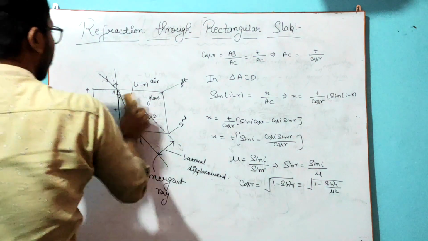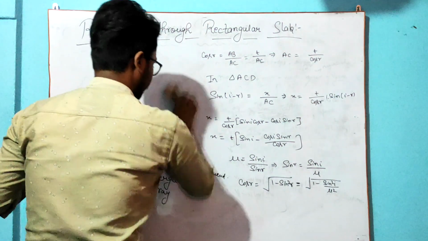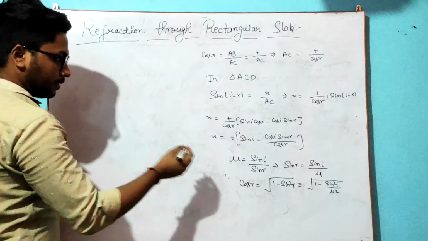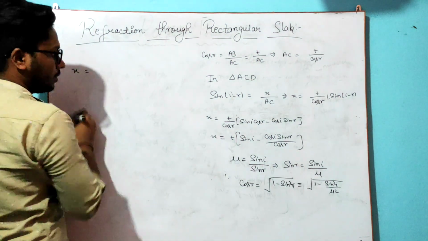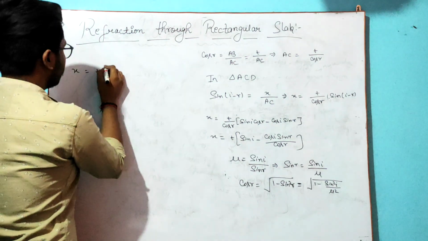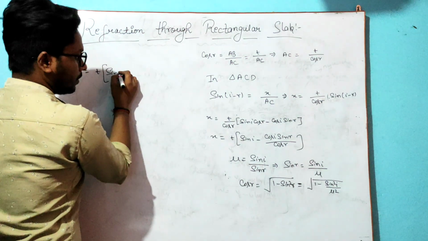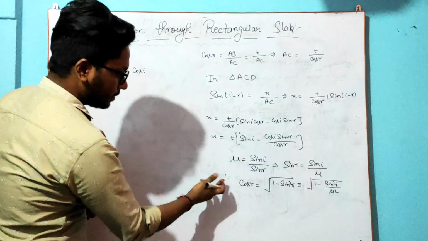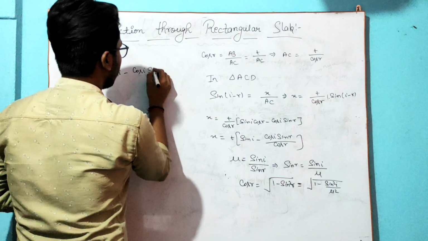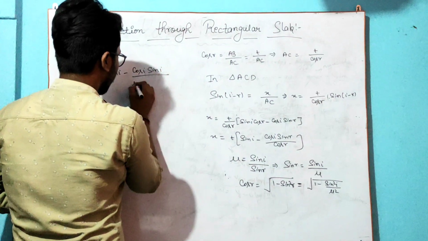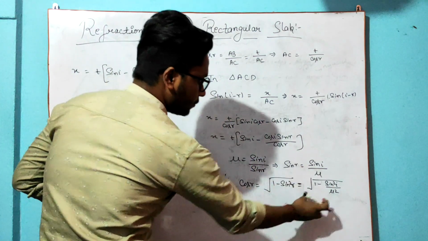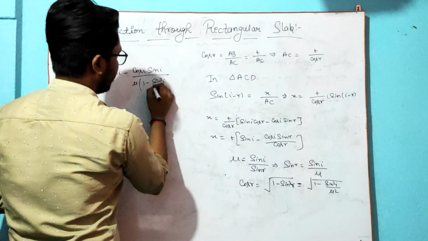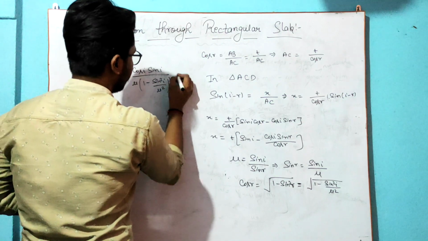So what will we get? See, X is equal to T sin I minus cos I sin R. Sin R is what? Sin I upon mu, and cos R is what? This value, 1 minus sin square I upon mu square power 1 by 2.